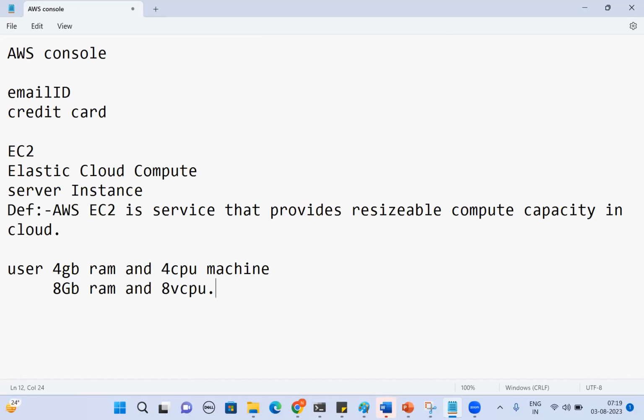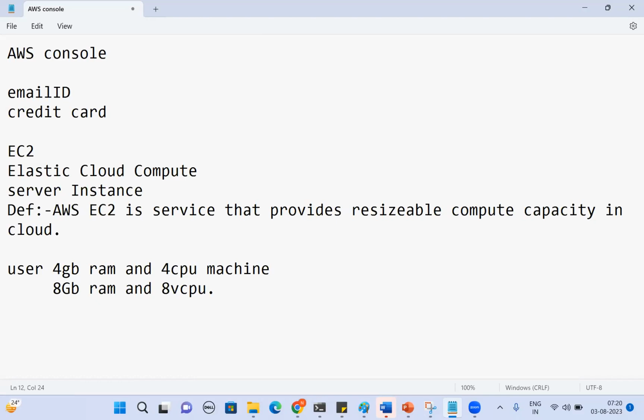But here, with a few clicks, we can increase 4 GB RAM and 4 CPUs to 8 GB RAM and 8 vCPUs. Without any hassle, in a fraction of seconds, your configuration will be increased. But here downtime is required: the machine has to be powered off, and then these changes are made. Then immediately the required configuration will be available for that instance.